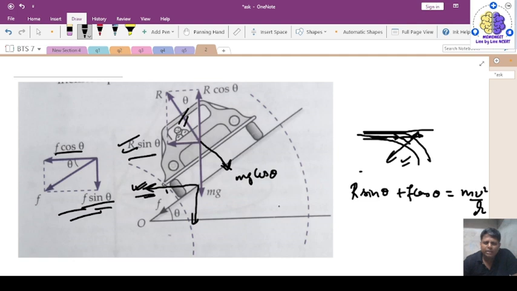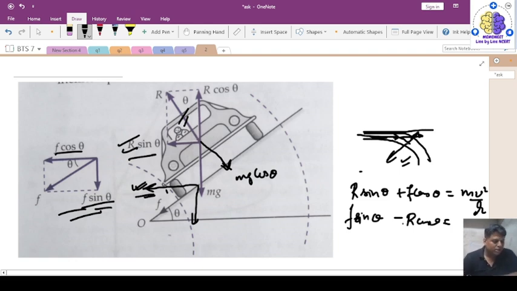So what we can say is F sin theta minus R cos theta is equal to mg, right? Or you can understand it like this: see, this mg is in the downward direction, F sin theta is in the downward direction, and R cos theta is in the upward direction, but there is no movement in the vertical axis.